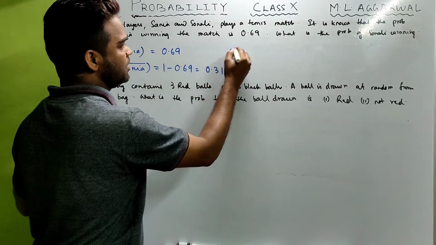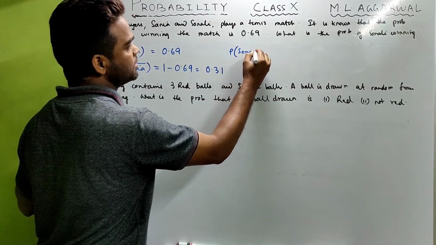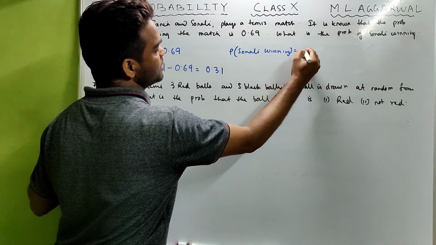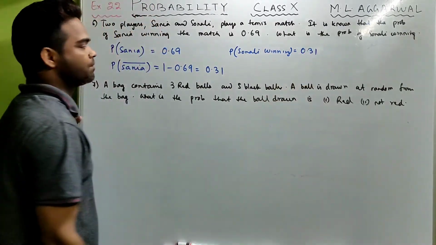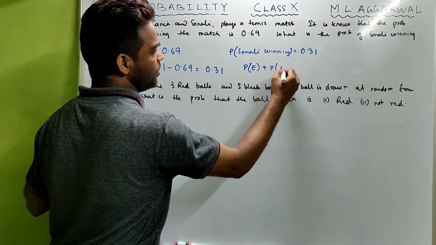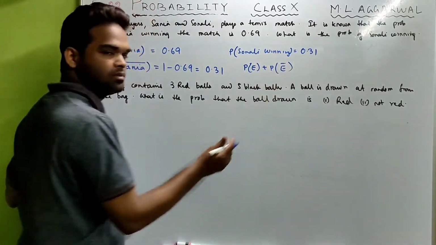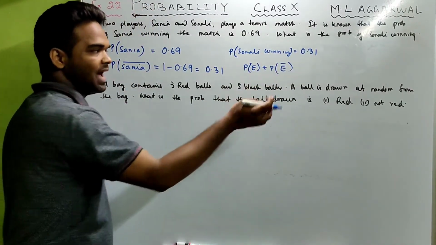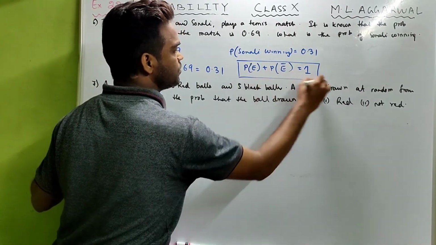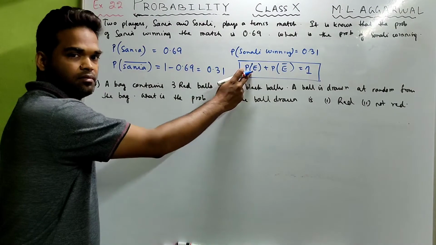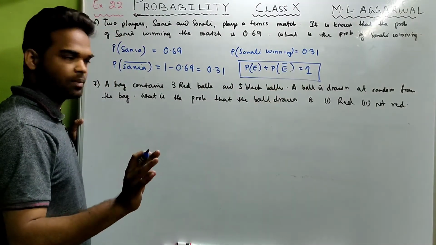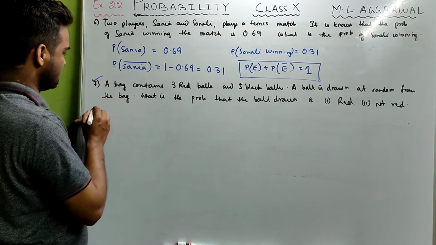So probability of Sonali winning will be 0.31. We know probability of an event plus probability of the complement of that event, this event not happening, is 1. So probability of Sania winning and losing will be equal to 1. Am I clear?